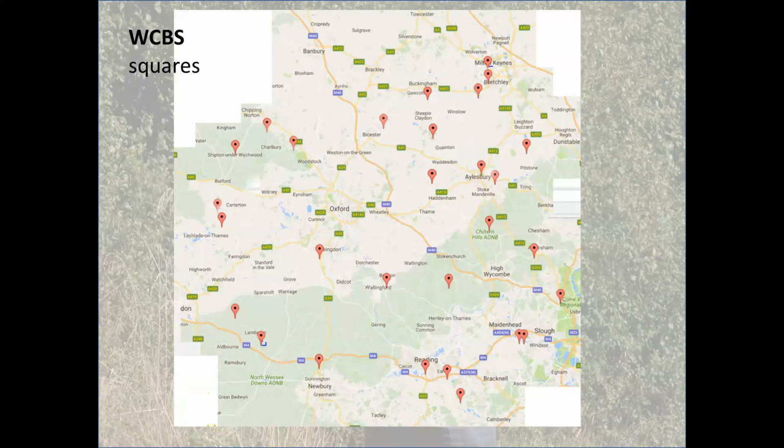So there's only 28 in the whole 3 counties, but because the Chilterns is such a hot spot, and because there is an organization trying to get a feel for what's going on in the Chilterns called the Chalk Hills Project, they've set up 50 extra wider countryside butterfly survey squares in the Chilterns. So they're not quite the same as the BTO BBS. A lot of them are, but they're not all. I hope that answers the question.